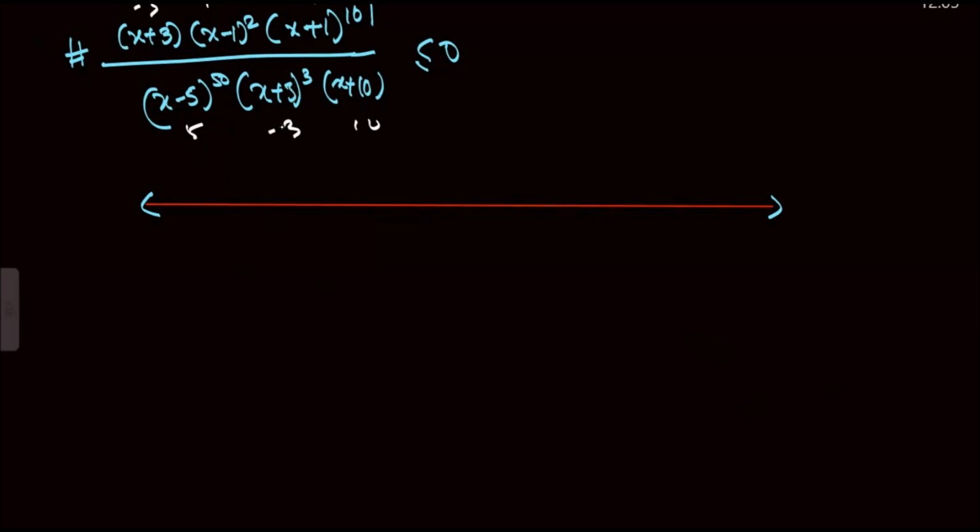Oh, it's -5 actually. Okay. Start with -5, -3, -1, 1, 5, 10. Plotted the points. Now simple. This is always positive.